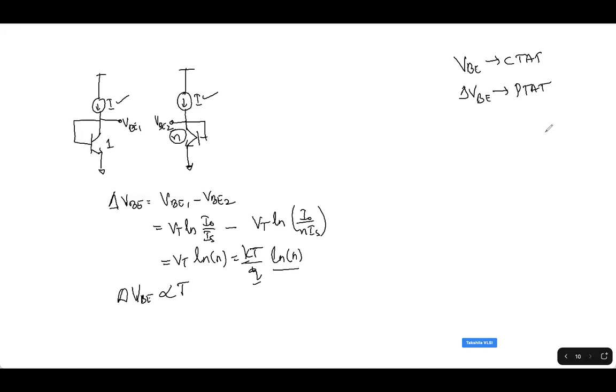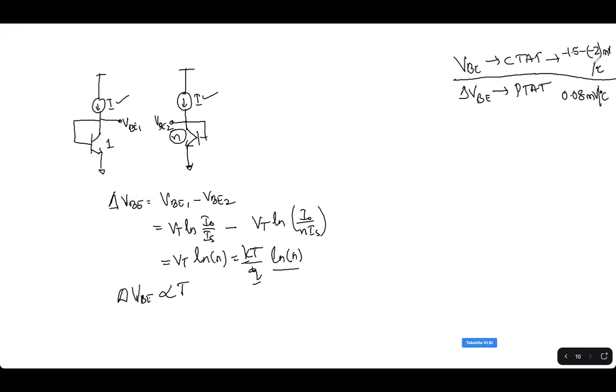There is a fixed number. I'll give you the number. CTAT is varying at around minus 1.5 to minus 2 millivolt per degree Celsius. That is the slope of CTAT. The PTAT slope is 0.08 millivolt per degree Celsius.